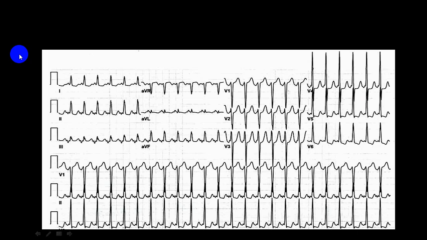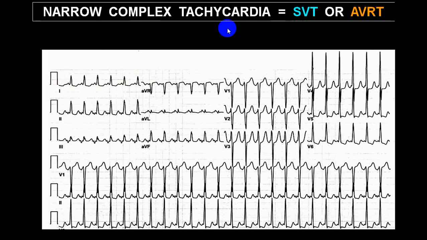We'll be going through this when we do a chapter on the difference between SVT and VT. Now again, you can have a look here: there is no R wave, there is a deep S wave, and this has no notch and is not widened. So this is again in favor of SVT. So narrow complex tachycardia may be SVT or AVRT.